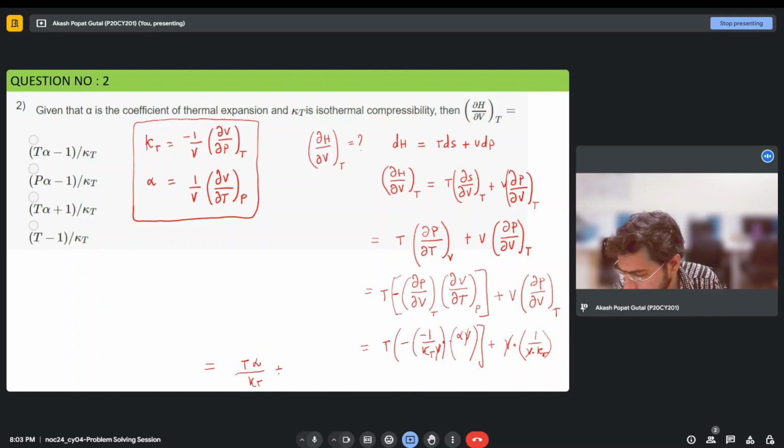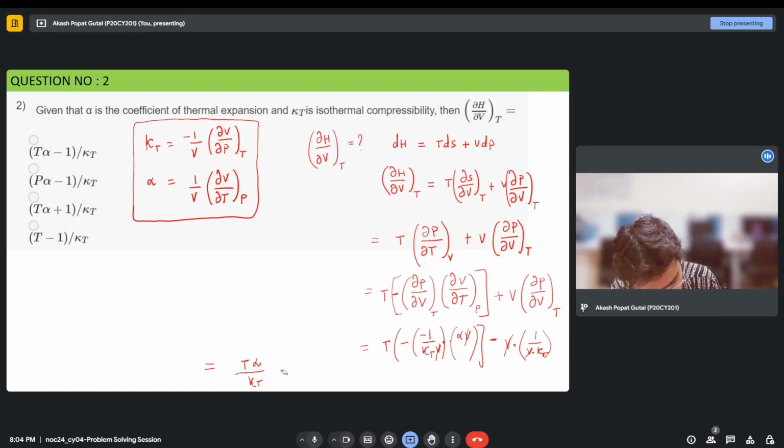Plus, sorry, it should be, okay, here we just missed. Here there must be a negative sign because we are introducing kappa. Kappa T is negative itself, so this with negative will become positive.